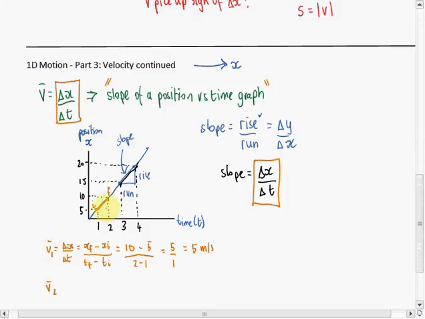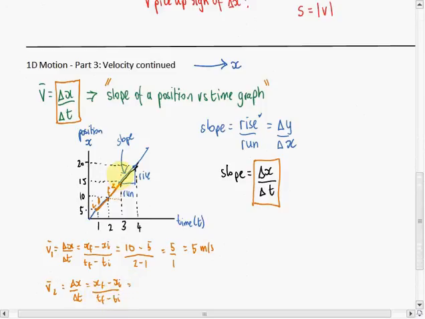If I look at some other secondary interval, let's say a little bit later, this was 0.1, here's 0.2. Again, I wanted to find out what the average velocity was here. Again, it's my delta x over my delta t, some final minus initial position over some final minus initial time.